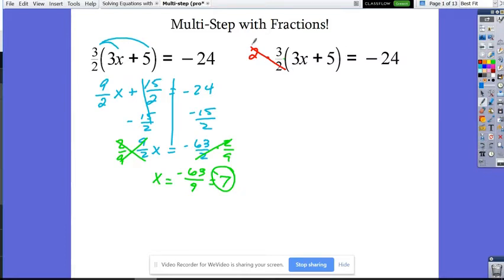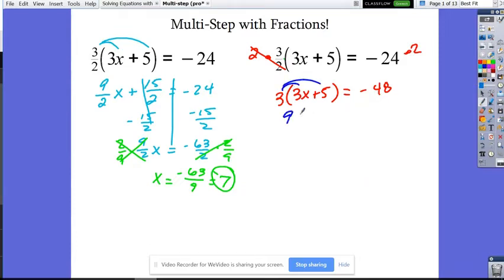We know parentheses. So we cancel that out. The 3 comes down. This quantity comes down. Of course, because of the multiplication property of equality, if I multiply that side by 2 and multiply that side by 2, I get negative 48. Now it's a multi-step equation where we have to distribute still.